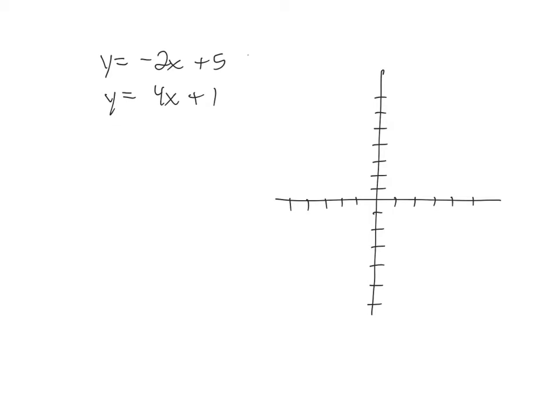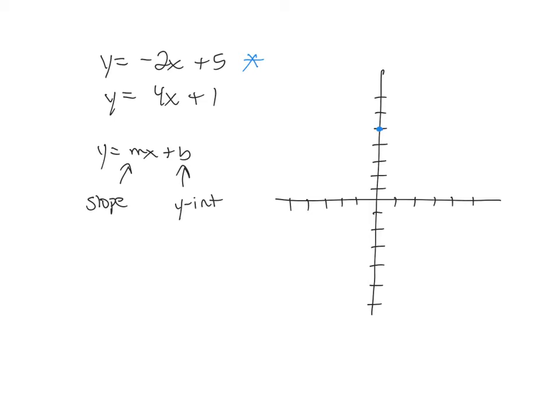Alright, so I'm going to do this first line in blue. So positive 5 y-intercept. So remember slope-intercept form. B is the y-intercept. The m part is the slope. So y-intercept of 5, so on the y-axis go to 5.